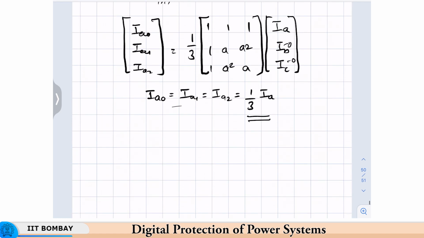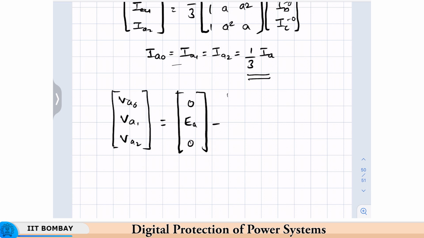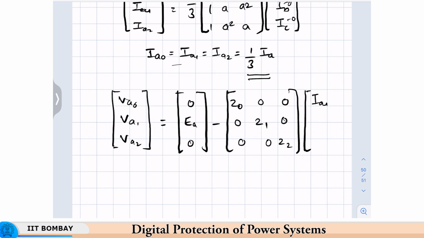So, if we do that, what we will get is VA0, VA1, VA2 is equal to 0, EA, Z0, and since all the currents are equal, we can write them as IA1 itself.